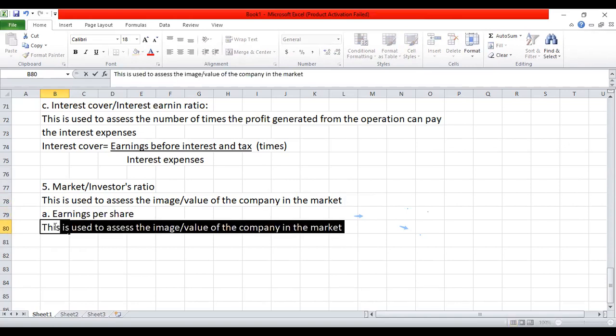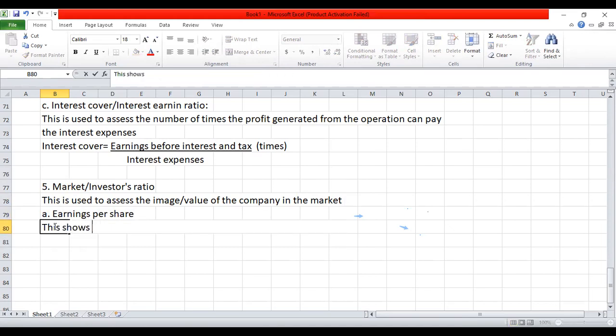So this shows the return or profit generated on each share investment. How much profit do you earn on each share investment? What is the profit you have earned in a given period of time as far as each share investment is concerned?